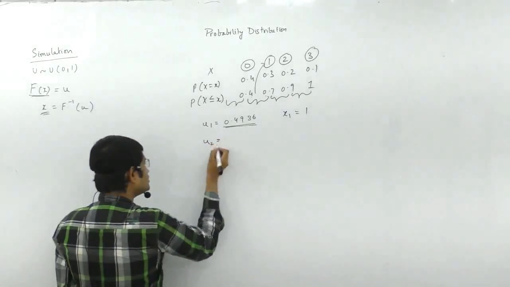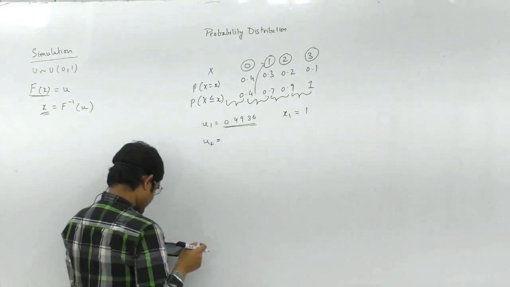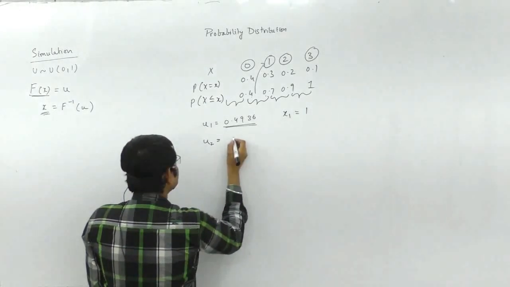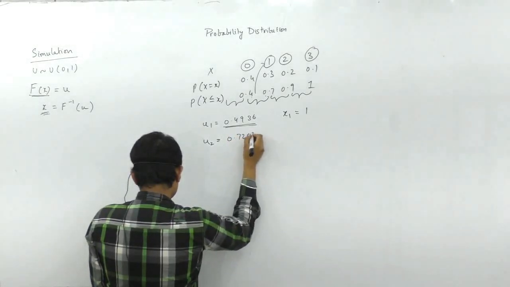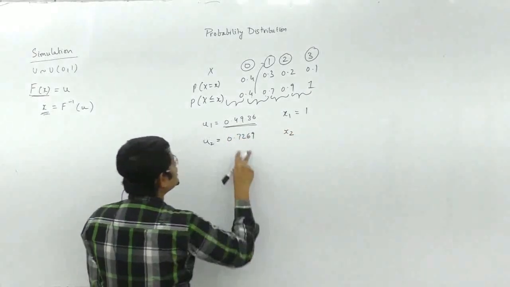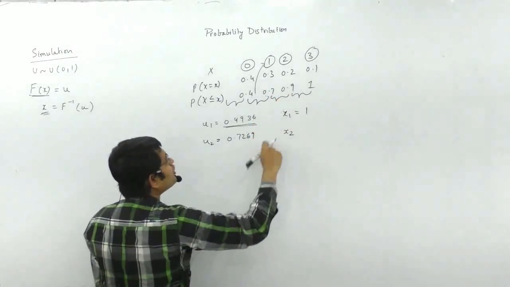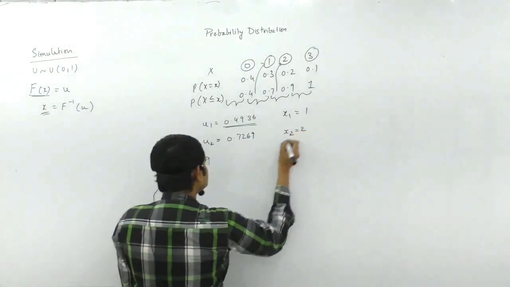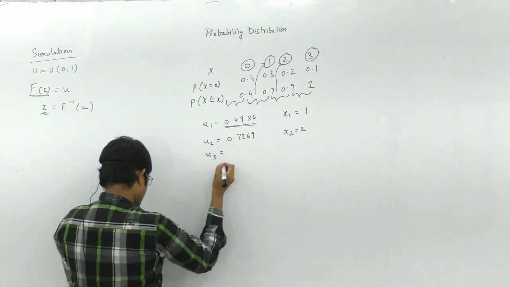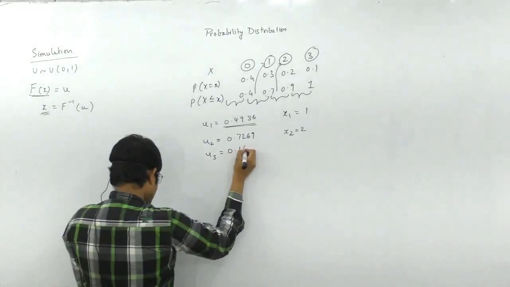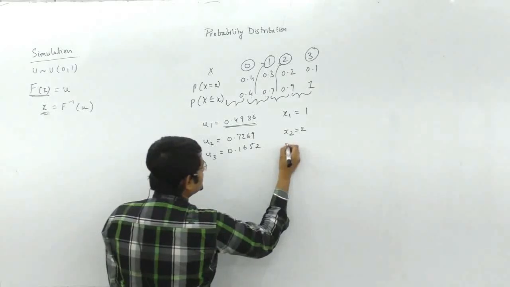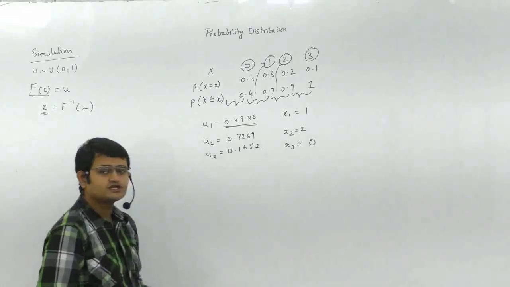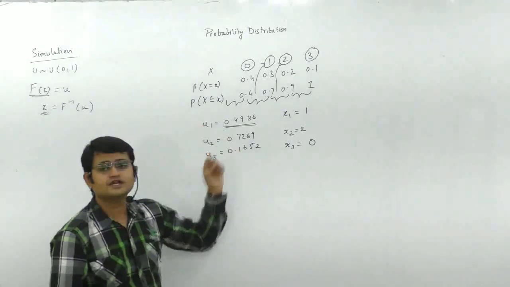Then U2 is 0.7269. For x2, again this value is between 0.7 and 0.9, which corresponds to 2. So x2 becomes 2, and U3 is 0.1652, so our x3 should be equal to 0. So this is how we'll simulate our discrete distributions.